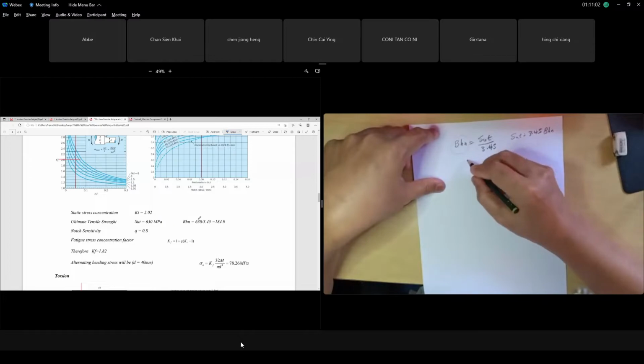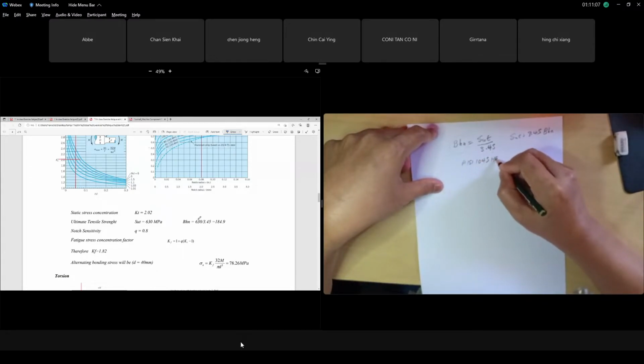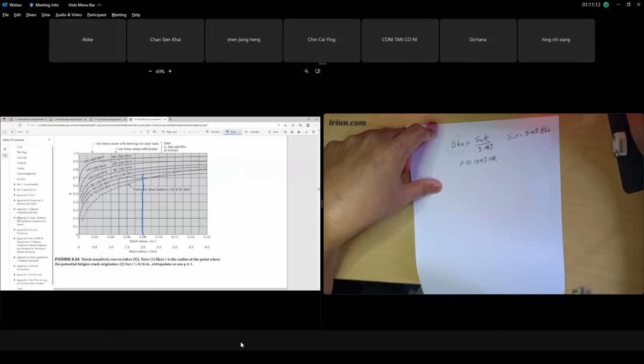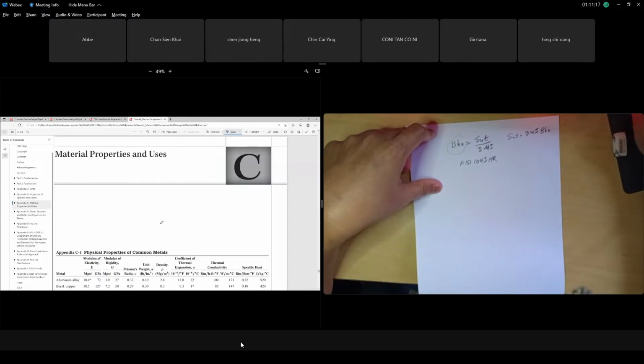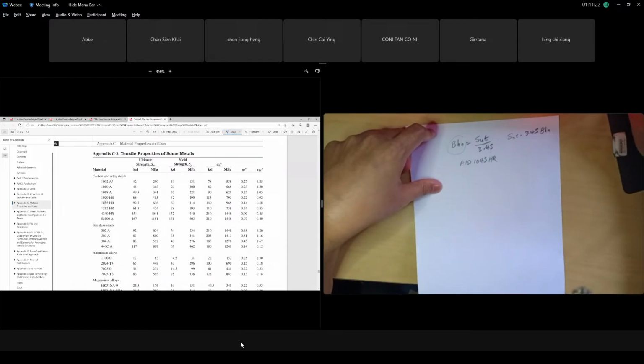So, AISI 1045 hot roll. If you look in your textbook, what is the SUT? If you look at Appendix C, material properties, AISI 1045 hot roll, the SUT, not SY, is 638.